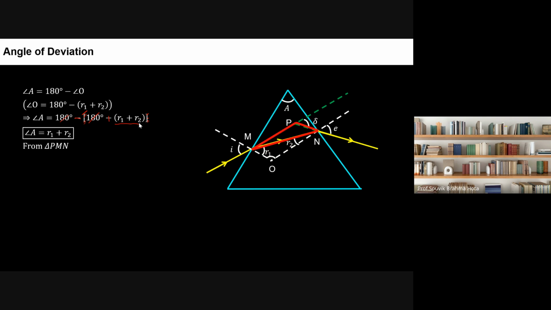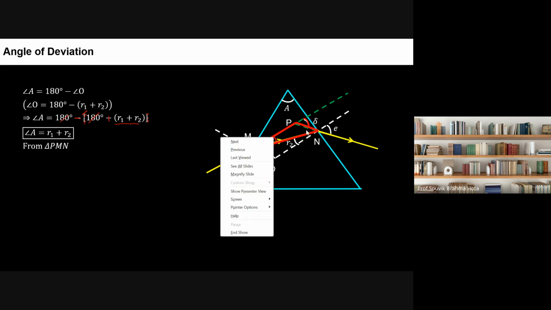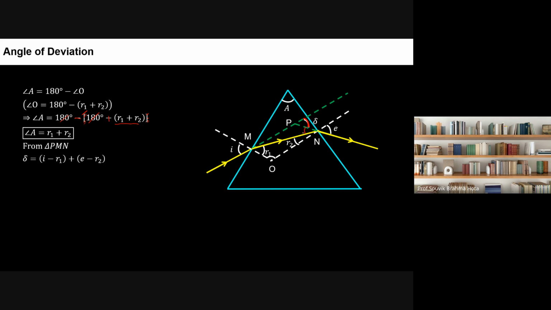Now from triangle PMN, this red bordered triangle, you see the external angle of this triangle is angle delta. And we know as per the law, this external angle will be equal to the sum of this angle and this angle.